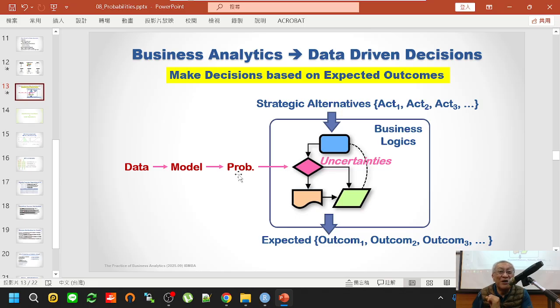And with this predicted probability, we can calculate the expected outcome of every strategic alternative. That is the ideal of business decision making by building models and doing prediction.